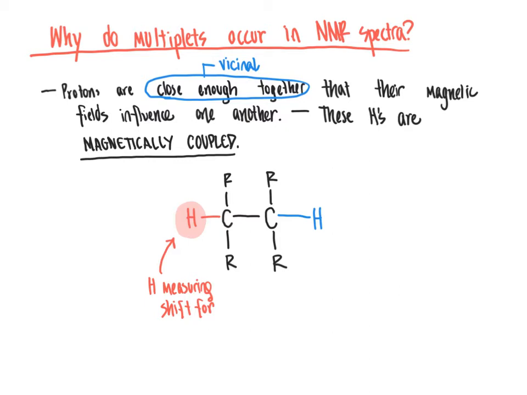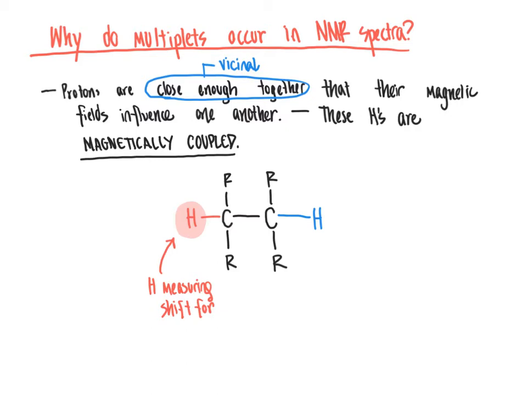And that position along the x-axis will be primarily determined by what electron donating or electron withdrawing groups are nearby, because that is going to result in this proton being shielded or deshielded, like we learned in the last video about chemical shift.